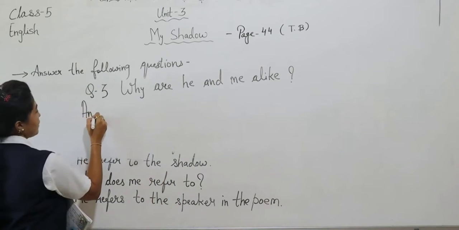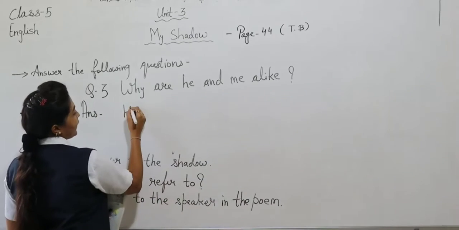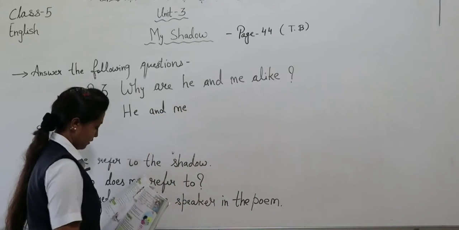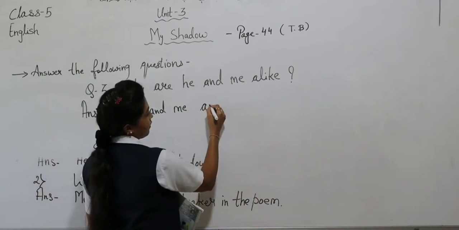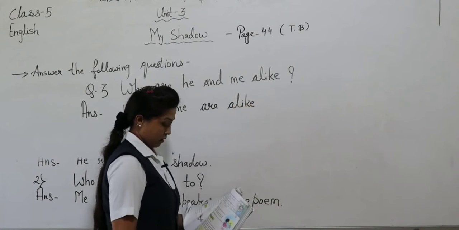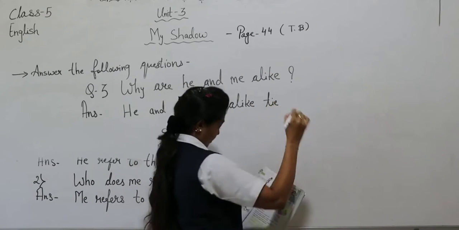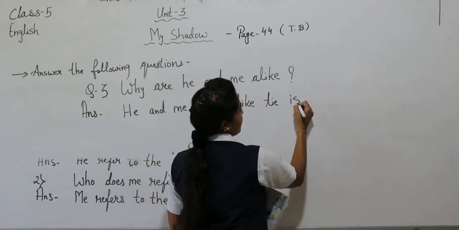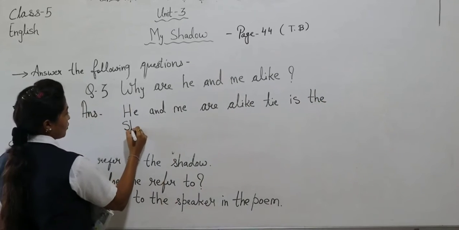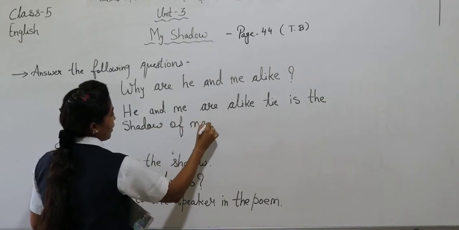So the answer: he and me are alike because he is the shadow of me.